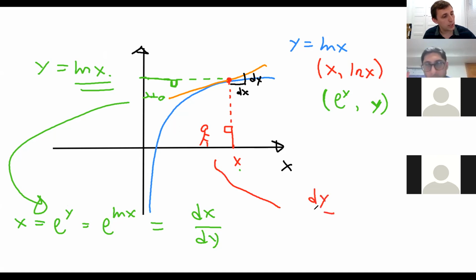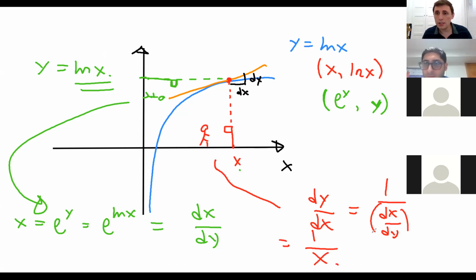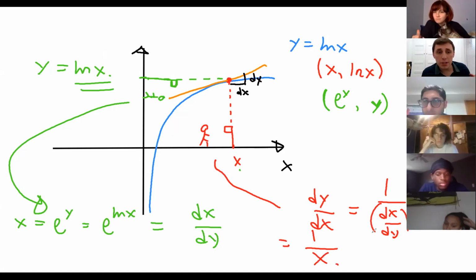My slope is dy/dx, which is equal to 1 over dx/dy, which is equal to 1 over x. Do you understand why 1 over? They are watching the same line. They are just not agreeing on what's vertical and what's horizontal. So the reason it's 1 over is because for the red astronaut, the notions of vertical and horizontal are switched relative to the green guy. You follow?